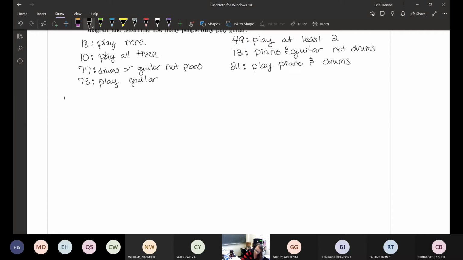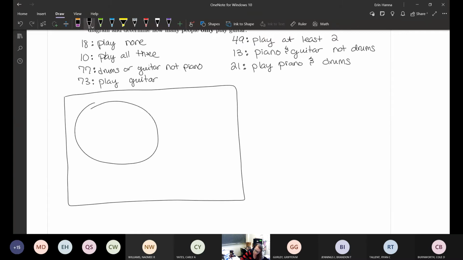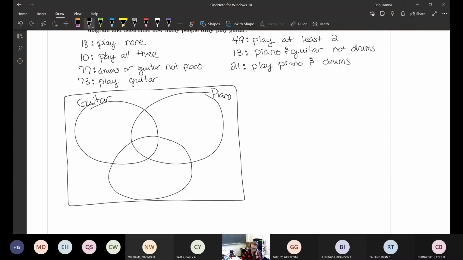I want to leave space for work, so maybe I'll do this. That works. Let's call this one our guitar circle, this one our piano, and this one our drums. And then the entire thing is everyone. I'll hold on a couple seconds in case people are still writing stuff down.